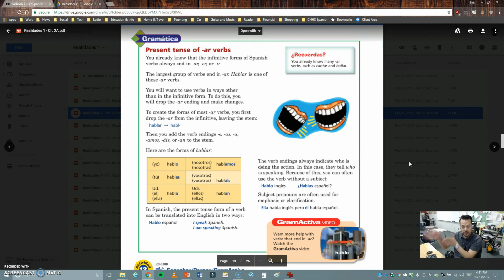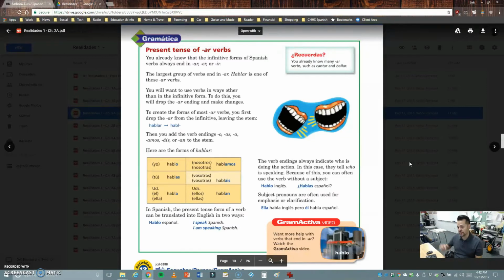So you have your AR ending verbs, your ER ending verbs, and your IR ending verbs, all right? And so what I didn't tell you yet, and I'm going to tell you now, is that these verbs are convertible. In other words, they're going to morph into something a little different than its original form. And that way, when you do that, then you indicate who is performing the action. And that helps a lot when you're trying to speak in Spanish, all right?